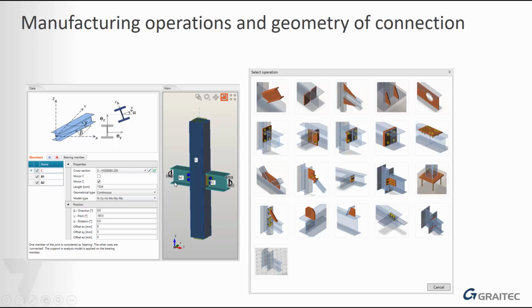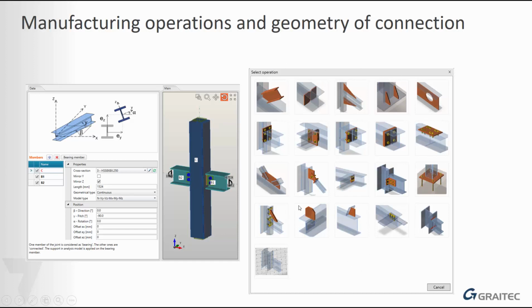In this slide, we will discuss the manufacturing operations and geometry of the connection. In ADC, modeling the connection is very easy and very fast, because besides the sections and members that are already in ADC's library, which you can just select, such as HSS or I sections, ADC also has manufacturing operations.